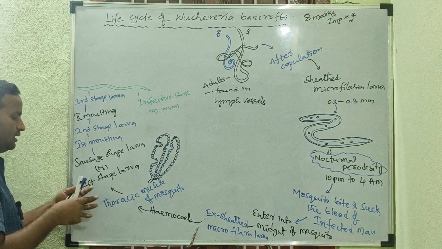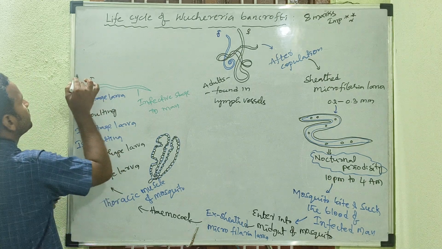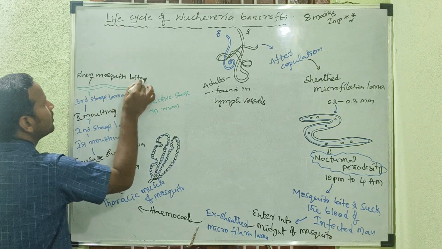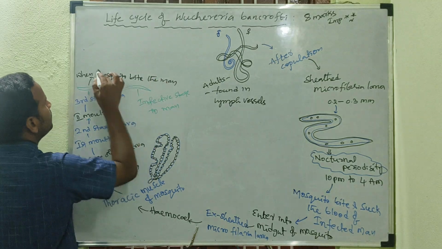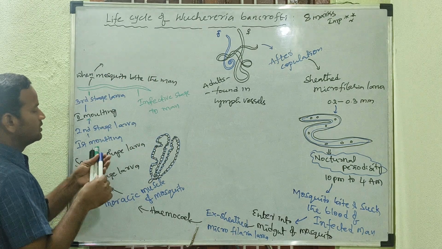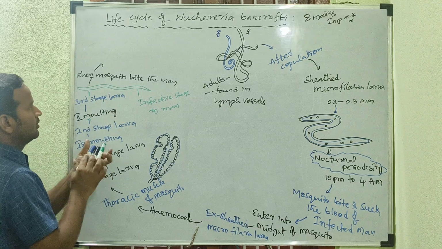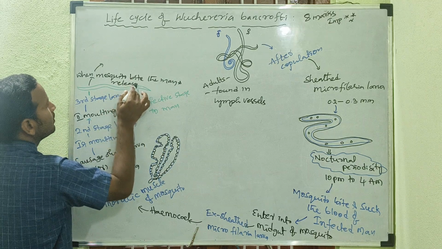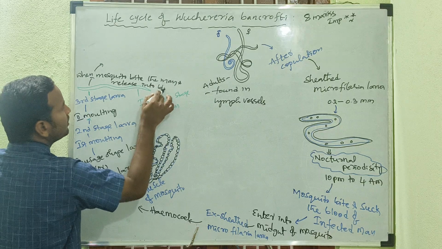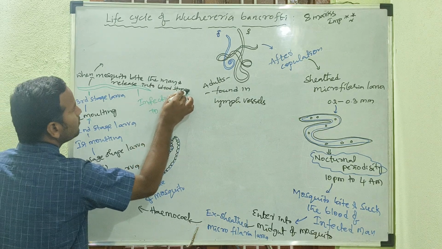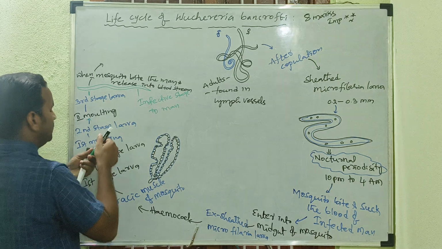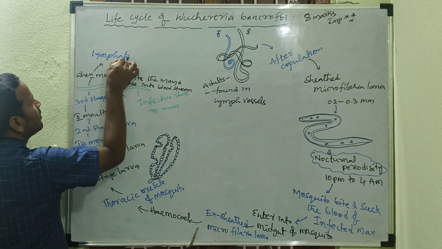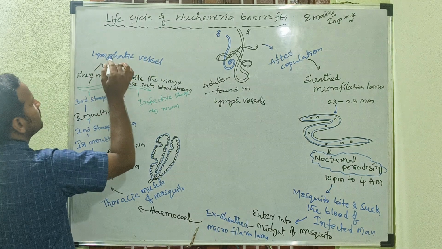Now come to the point. What I'm saying here, when the mosquito bites the man, it releases the third stage larva into the bloodstream, then it reaches the lymphatic vessels.